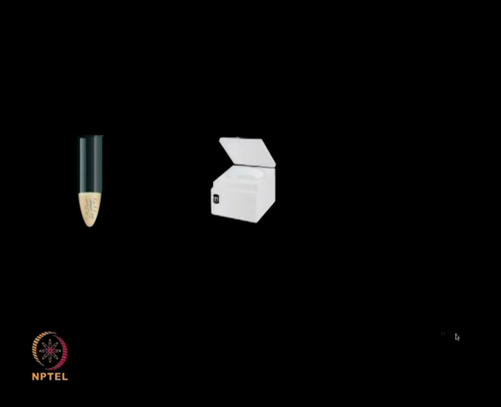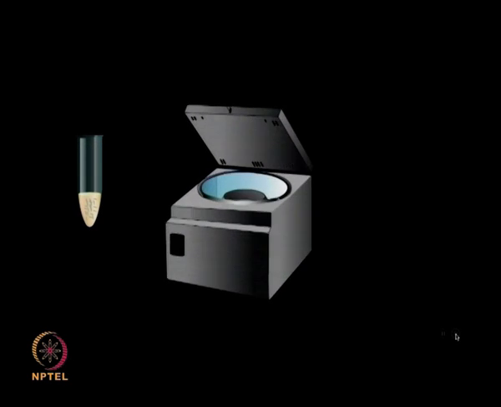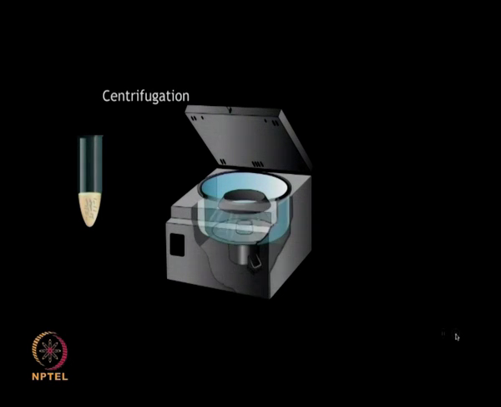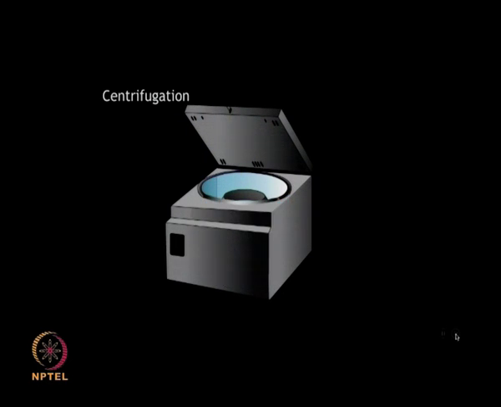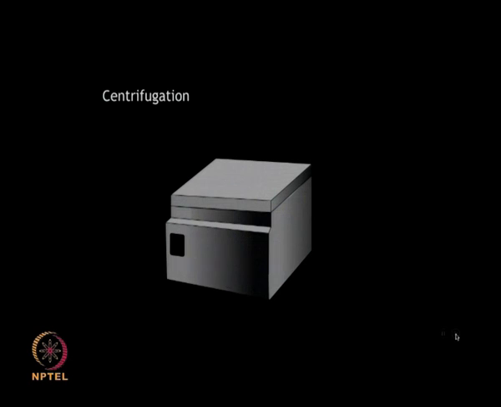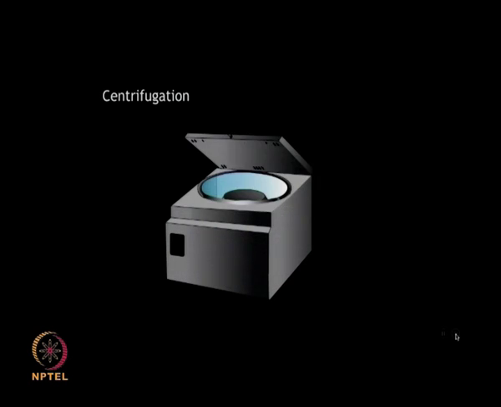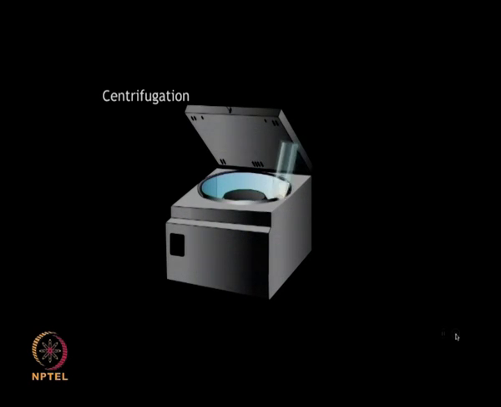Now, this solution must be centrifuged at 30,000 g at 4 degrees centigrade, which results in the wheat germ extract forming a layer between the top fatty layer fraction and the pellet at the bottom. This you can see in the tube here.